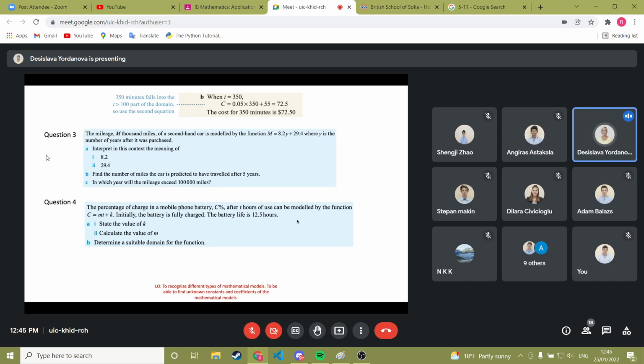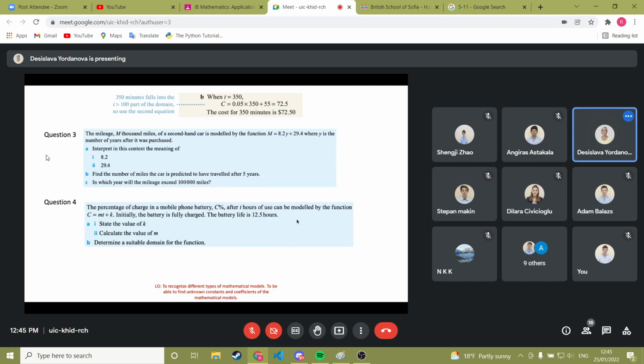In general, linear functions have all the real numbers as a domain, but here we are talking about a particular situation. It is between 0 and 12.5, because more than 12.5 it will become a negative percentage, which cannot exist, and the number of hours cannot be negative.